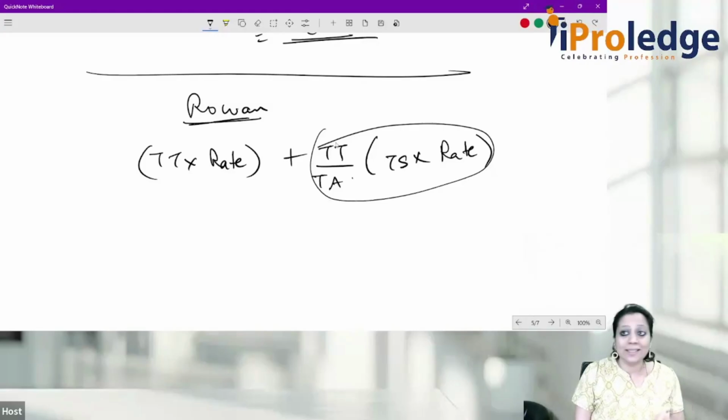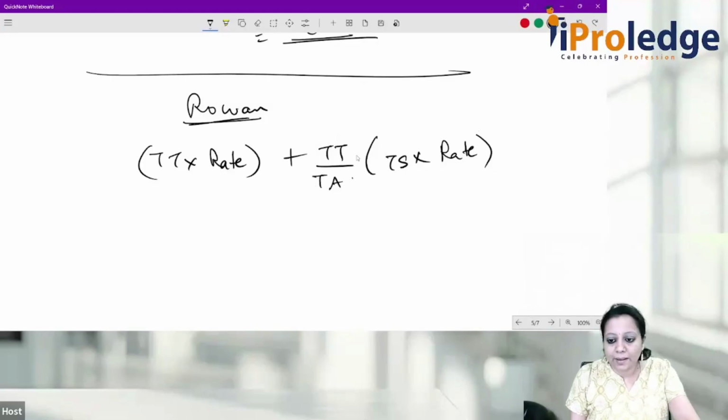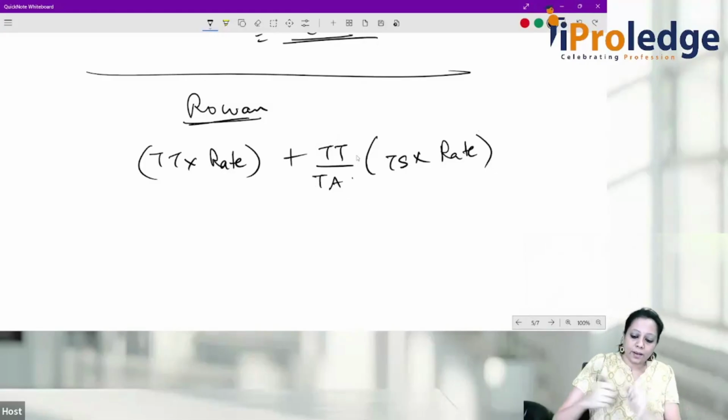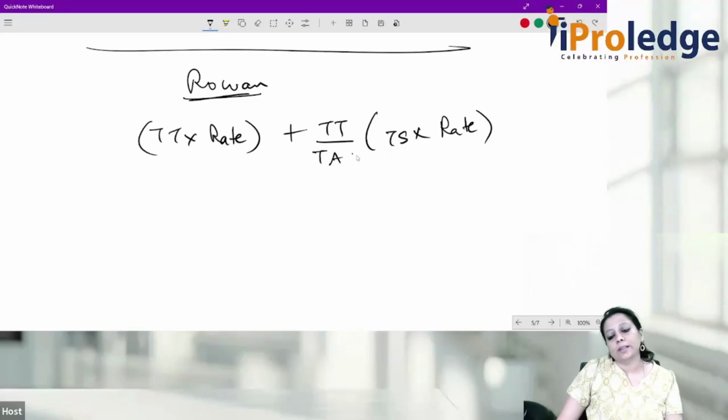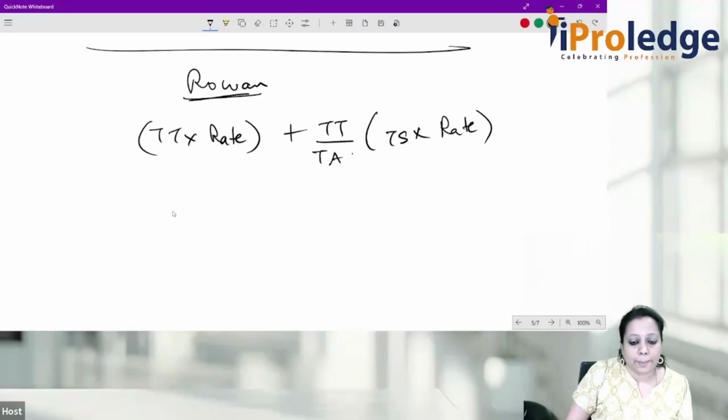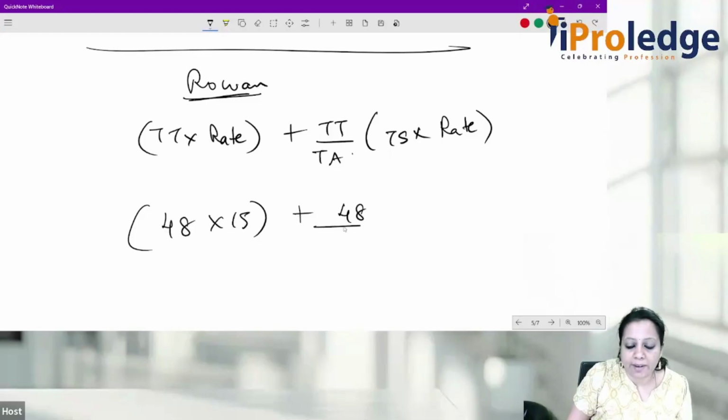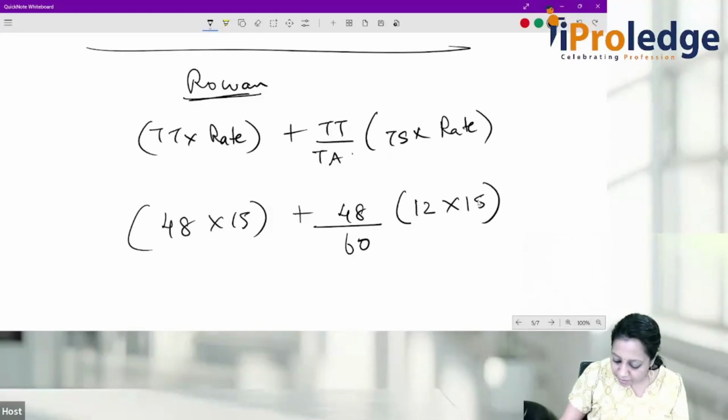I hope you remember why this formula is like that. Time taken is 48 into 15, plus 48 divided by 60 into time saved 12 into rate 15. Let us do this calculation: 48 into 15, plus 12 into 15 into 48 divided by 60. 864. That's all.